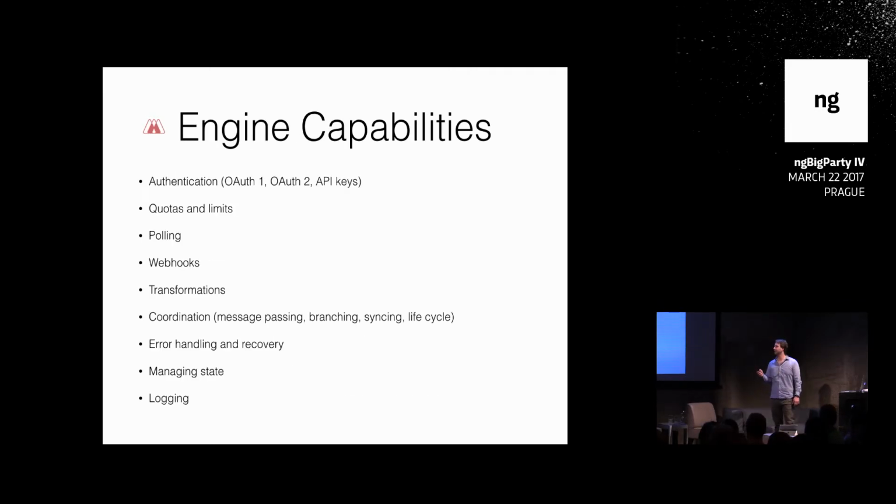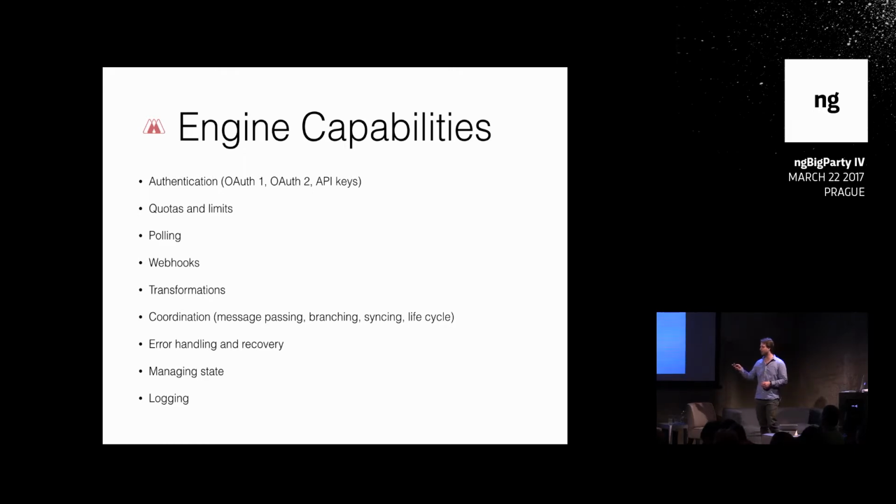Like I mentioned, the engine is really API-oriented, and so it provides many of the capabilities that are very common when you're dealing with APIs. The first thing is authentication. The engine supports OAuth 1, OAuth 2, and API keys, which is pretty much the standard. It has support for quotas and limits, polling, webhooks, data transformations, coordination, branching, syncing, and managing the lifecycle of the components.